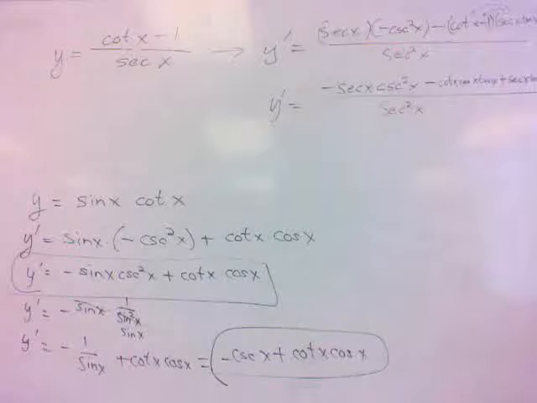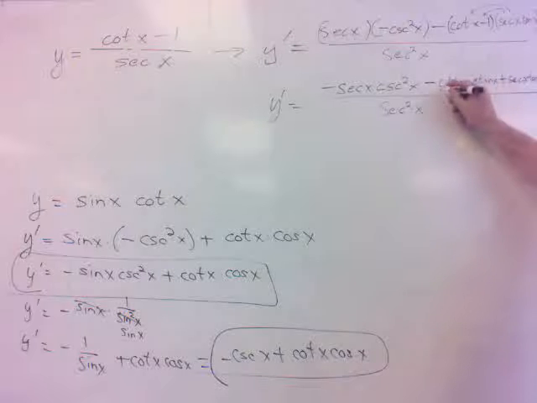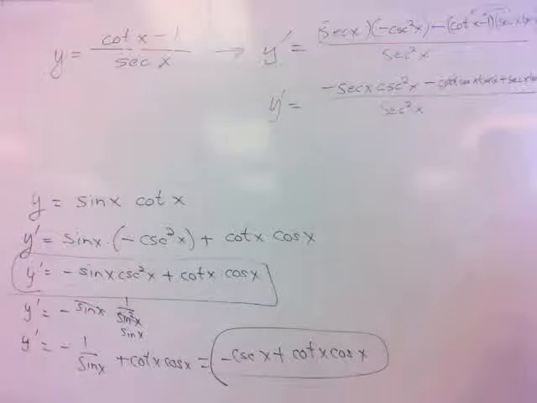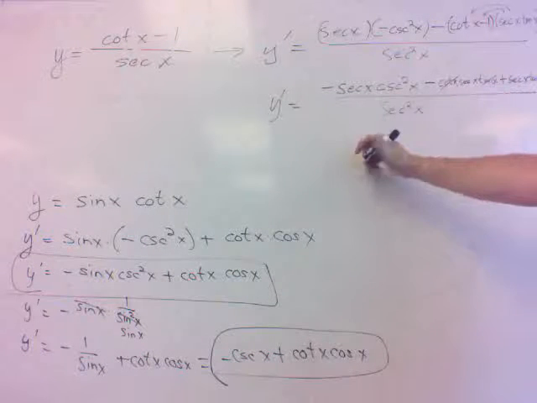Is there anything we can clean up out of that? Well, cotangent times tangent, that's 1. Those cancel, because cotangent is 1 over tangent. So those cancel out. I've got then a common factor of secant x. I could pull that out.